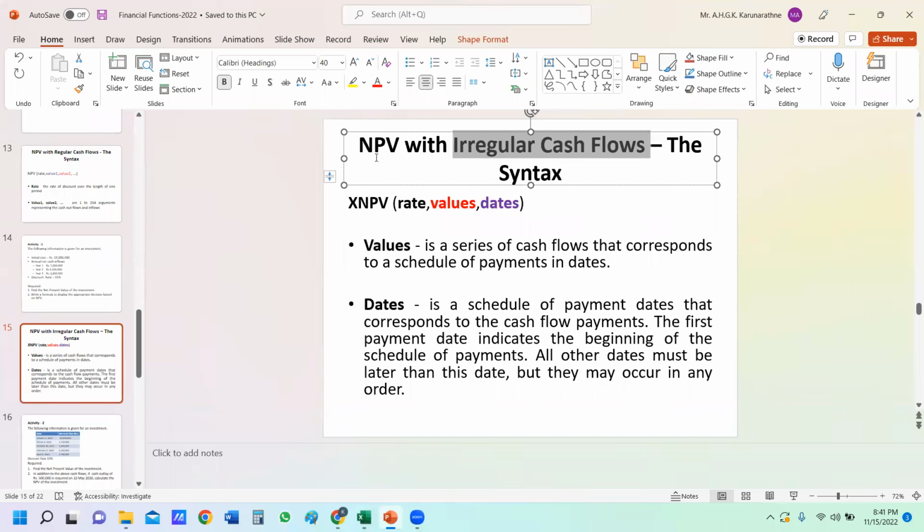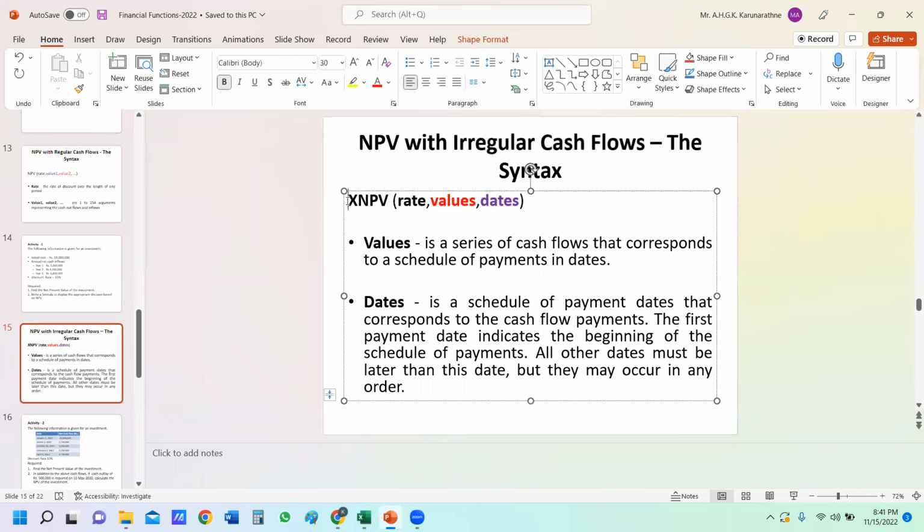We compute NPV, but not using the NPV formula. Instead, we have the XNPV formula. We are going to compute net present value by using this XNPV formula, a different formula called XNPV.